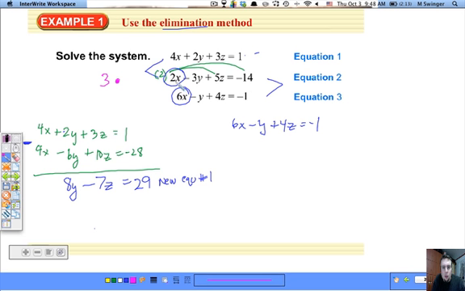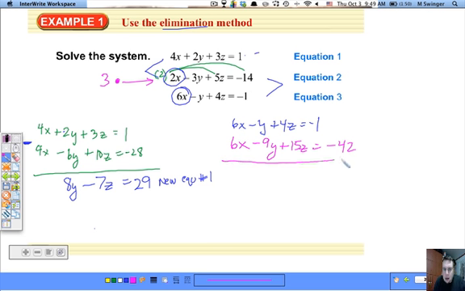Everybody understand that? We're trying to eliminate x, so I've got to multiply this whole thing by 3. So 3 times this, there's my 6x. 3 times minus 3y, minus 9y. 3 times plus 5z is plus 15z equals 3 times minus 14, that's negative 42.